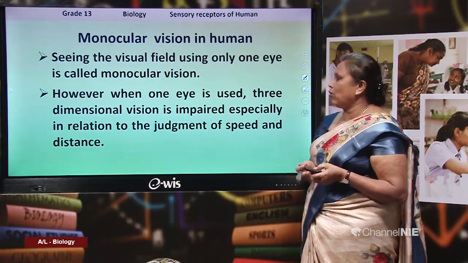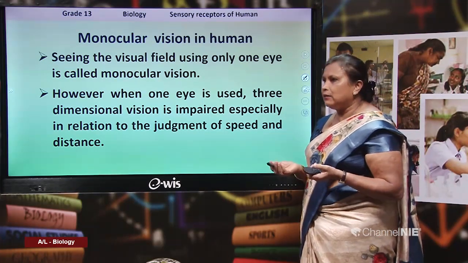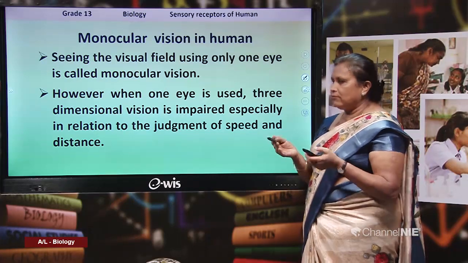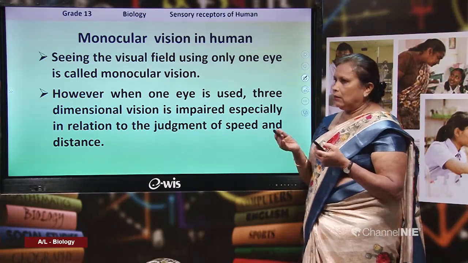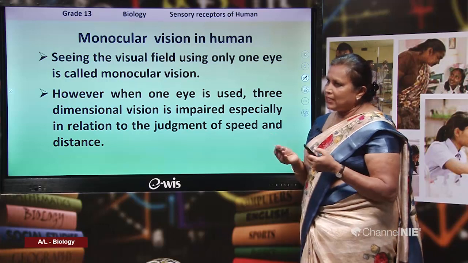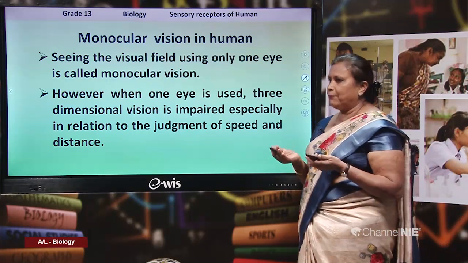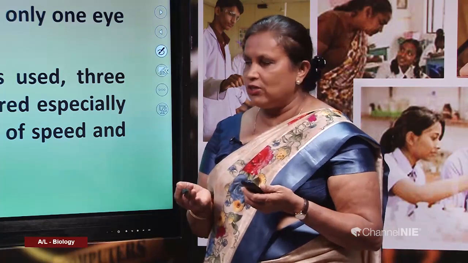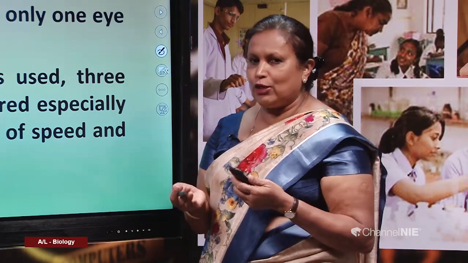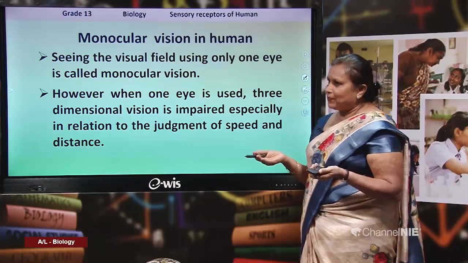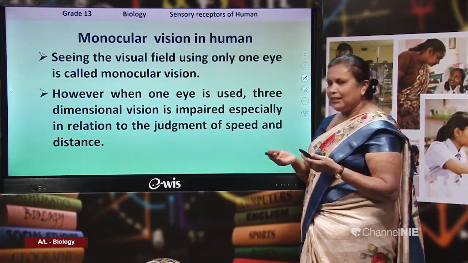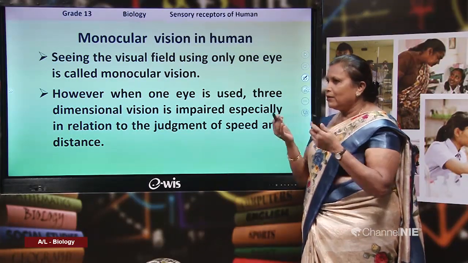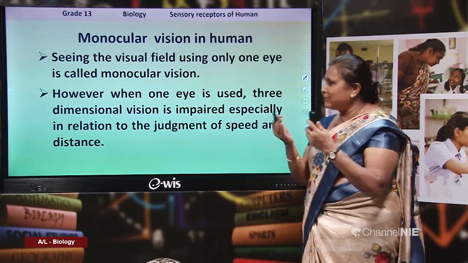But in certain organisms like calves and some herbivores, if you say. Normally carnivores have this binocular vision. Now, in addition to humans, the leopards, you can see, have both eyes at the same side.